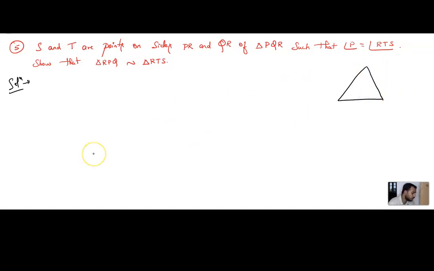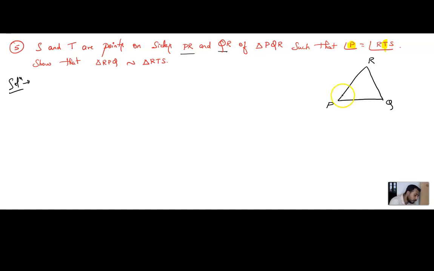S and T are the points on PR and QR, and it is given that angle P is equal to angle RTS.